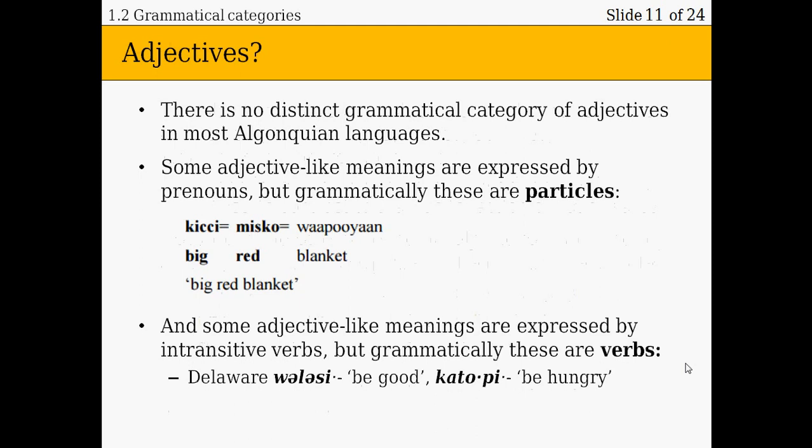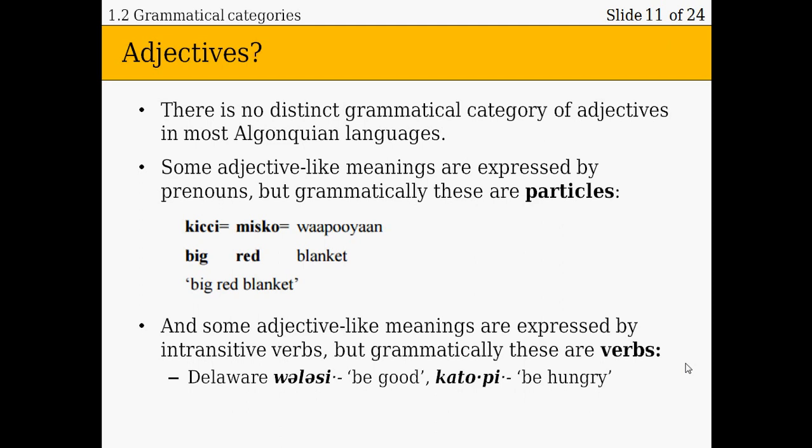So two examples from Delaware. There's a verb walasi, which means to be good, and a verb gatobi, which means to be hungry. Good and hungry in English are adjectives, but in Delaware and in most Algonquian languages, these are verbs. So they inflect the same as verbs, they're used the same as verbs in sentences, they're just grammatically verbs.